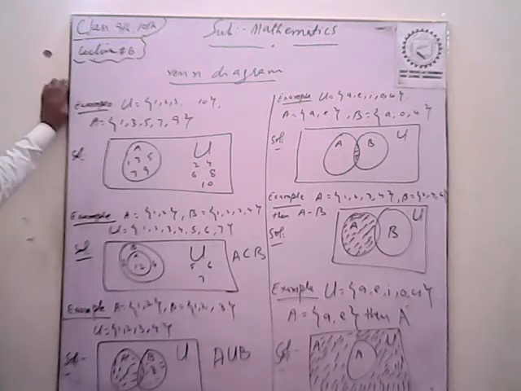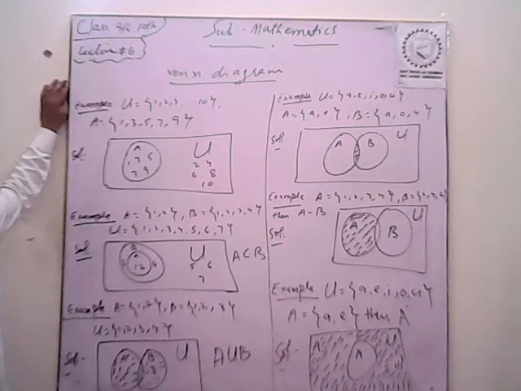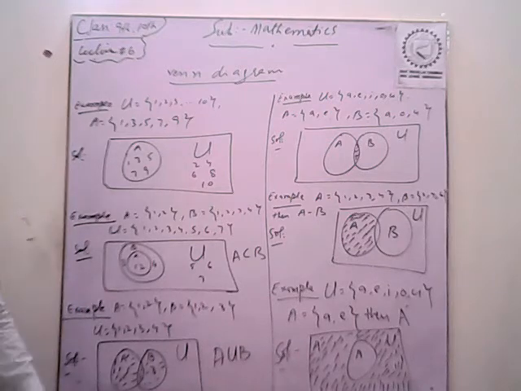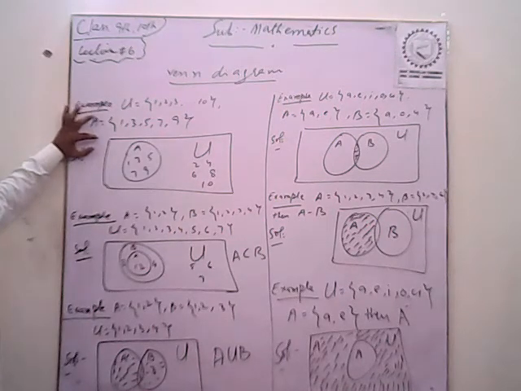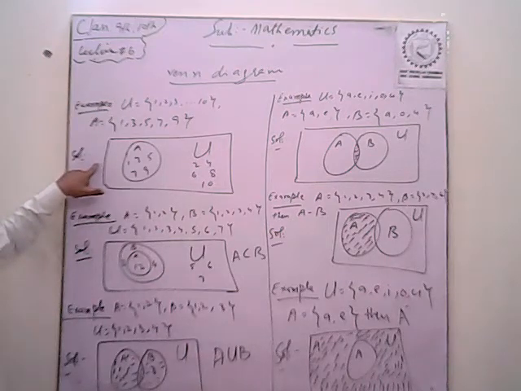When we draw this figure, the sets are represented, and it is called a Venn diagram. Example 1: U is equal to 1 to 10. The universal set starts at 1 and the last number is 10. A is the subset 1, 3, 5, 7, 9. First we draw a rectangular shape.